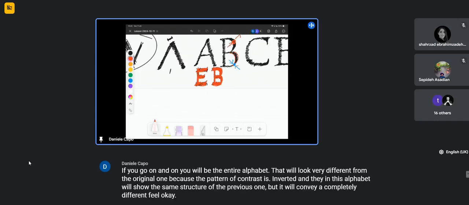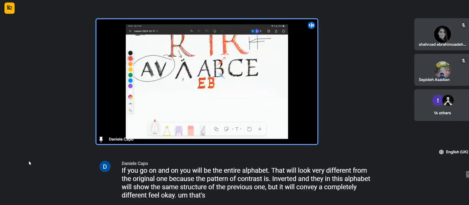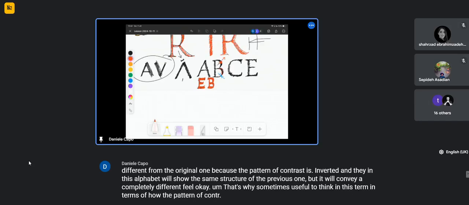Okay. That's why sometimes it's useful to think in this way, in terms of how the pattern of contrast is distributed using the model of a pen or a brush.